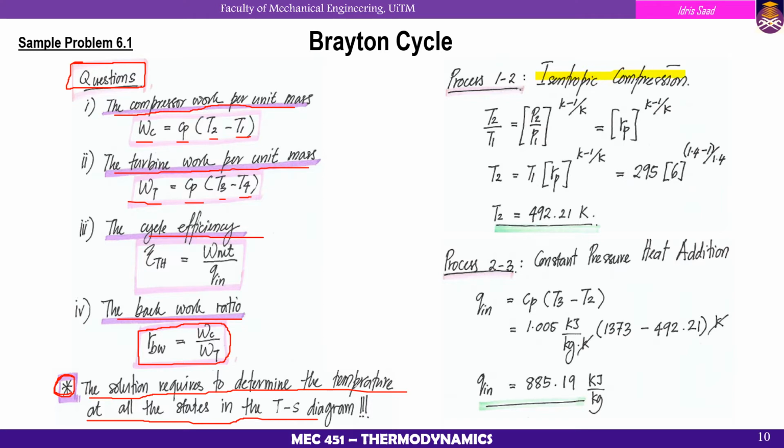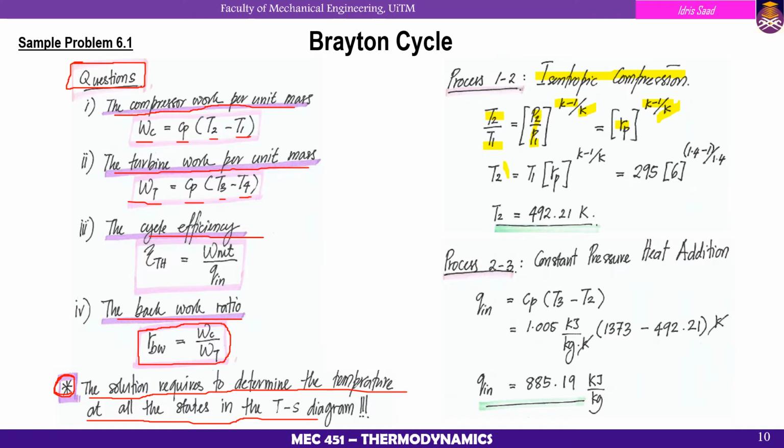isentropic compression. So we can use the isentropic relationship, which is T2 over T1 is equal to (P2 over P1) to the power of (k minus 1) over k. We know that P2 over P1 is our compression pressure ratio, so this is equal to Rp to the power of (k minus 1) over k.